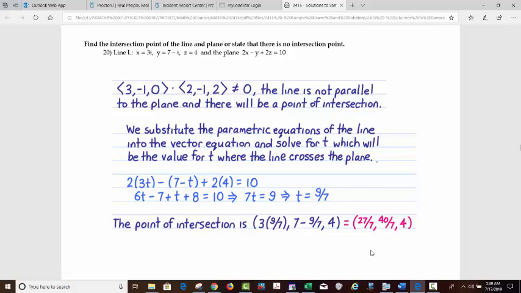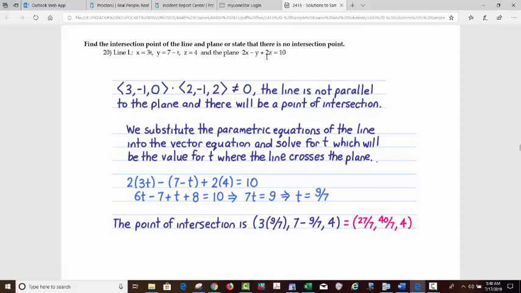Then if you wanted to double check that, since the line's hitting the plane, I've checked this before, but not worked it out here, and you might want to try it. It won't be that bad. Take that answer and make sure it's true in the equation of the plane, because if it's true for the line, it's got to be true for the plane, since that's the one point where they're hitting each other.